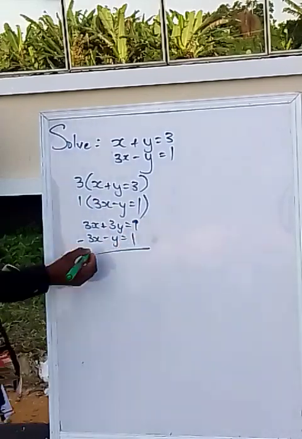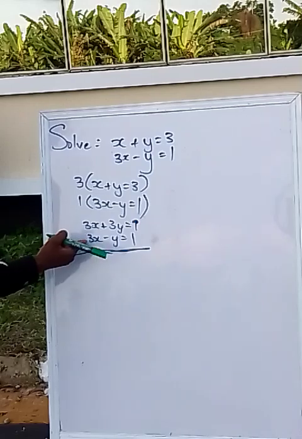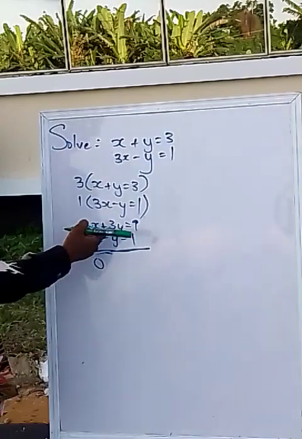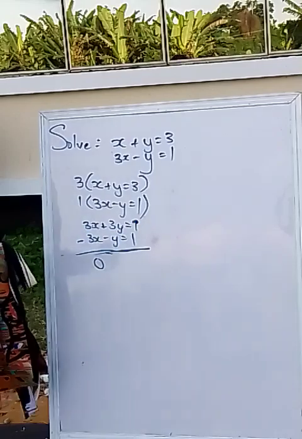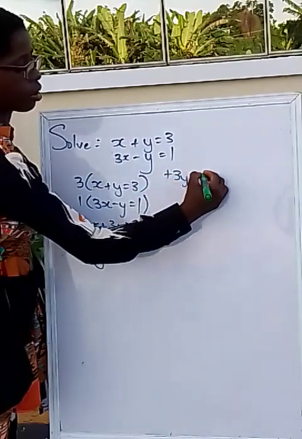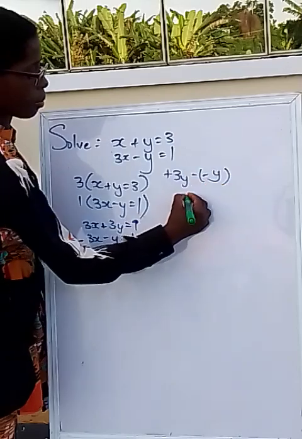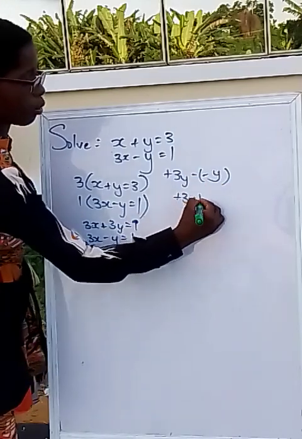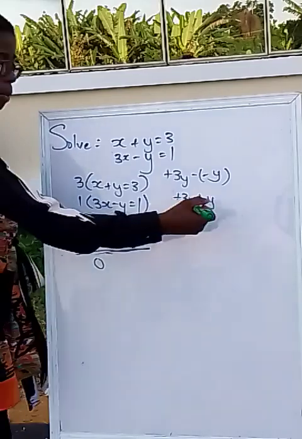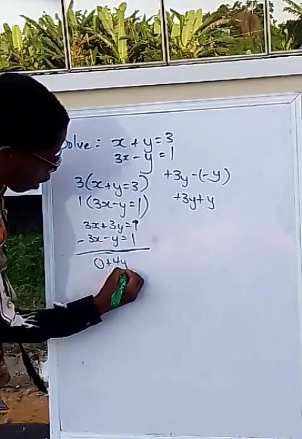So 3x minus 3x is 0, plus 3y minus minus y, plus 3y plus y. That is minus times minus, which will give us plus. So plus 3y plus y is plus 4y equals 9 minus 1 is 8.